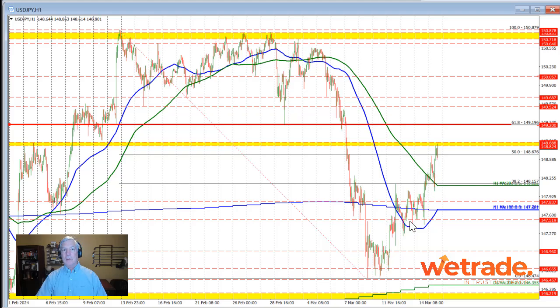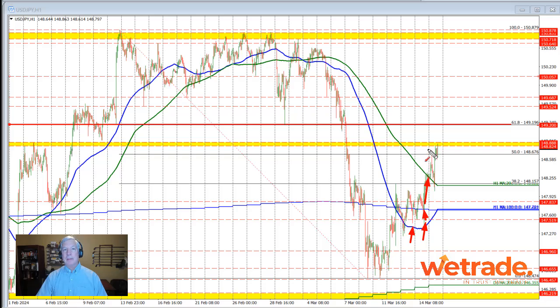And along the way, we moved above the 100-hour moving average. It did hold support buyers after breaking above that level right through here and here before starting its move to the upside. We traded above and below the 100-day moving average admittedly through here, which is a little bit messy. But the market had to figure out which way it wanted to go, and it figured that out yesterday, moving up to the 200-hour moving average, which is falling here.